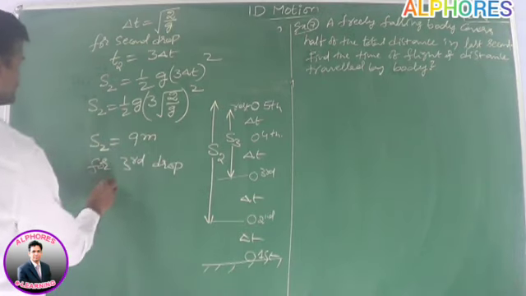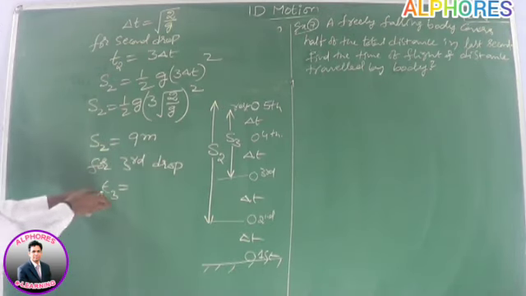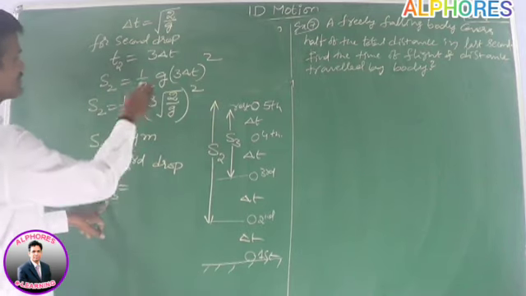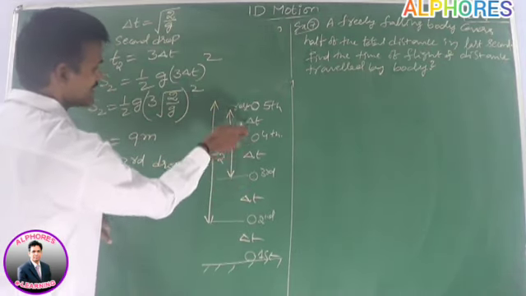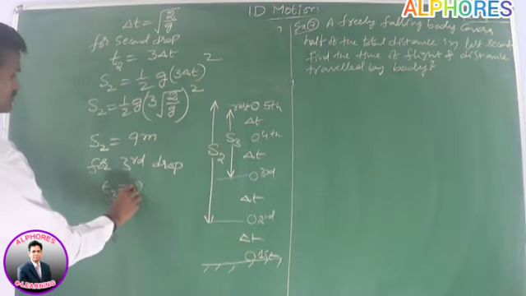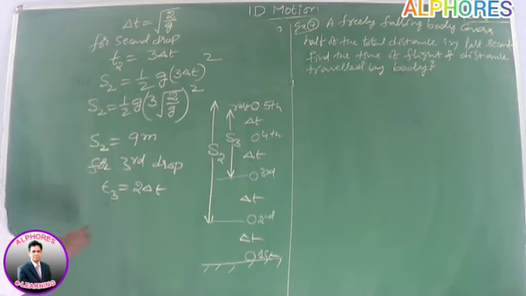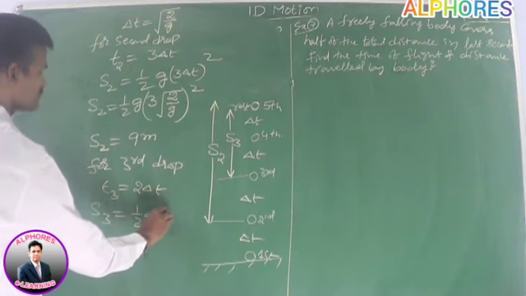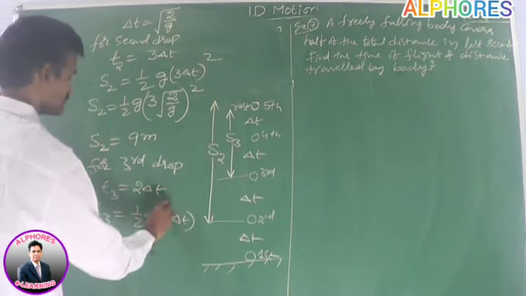Similarly, for the third drop, I can write T3 time, I am calling in my convenient way. So this T3 is, the third drop travels delta t, 2 delta t's. So 2 into delta t. So this S3 I can write as half g into 2 delta t whole square.